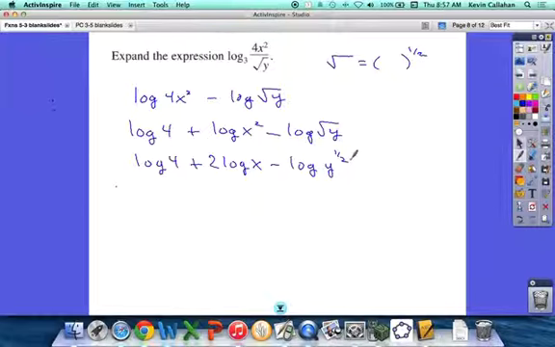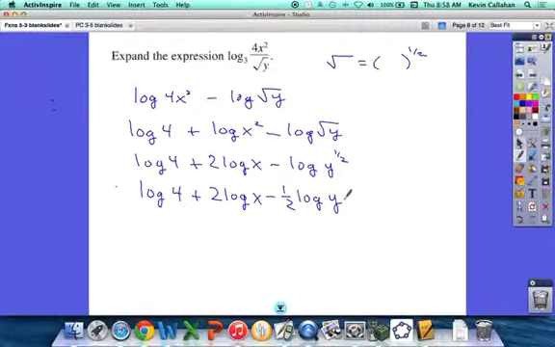And then you can use the power property again because of the exponent of 1/2. So if you see a square root or a third root or anything like that, you're supposed to turn it into a rational exponent so that you can use the power property.